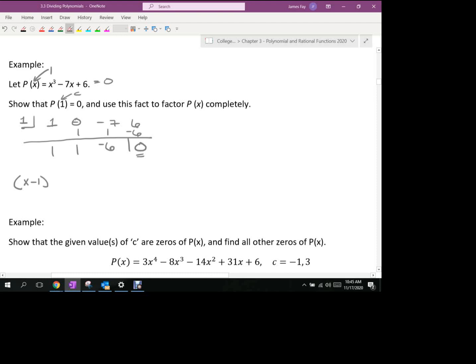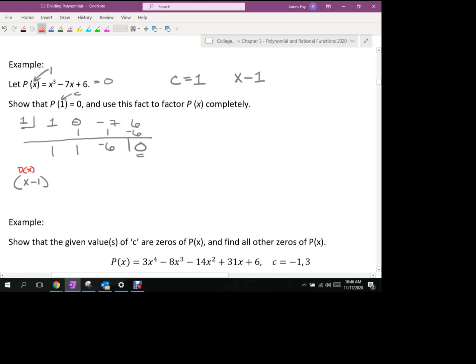Okay. Remember we said if c equaling 1 is a 0, then x minus c, in this case x minus 1, is a factor. Does that make sense? Okay. Well, if that's a factor, that would have been my divisor, right? That's the thing that we divided by, d of x.